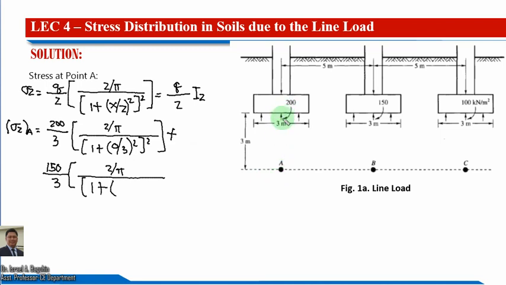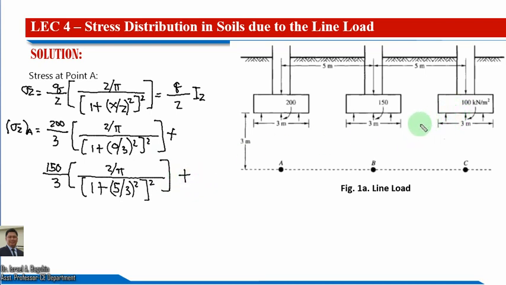From here as our reference, its distance is 5 meters, so that is why it is 5 divided by z, which is 3, squared, and we raise this one to the power of 2.